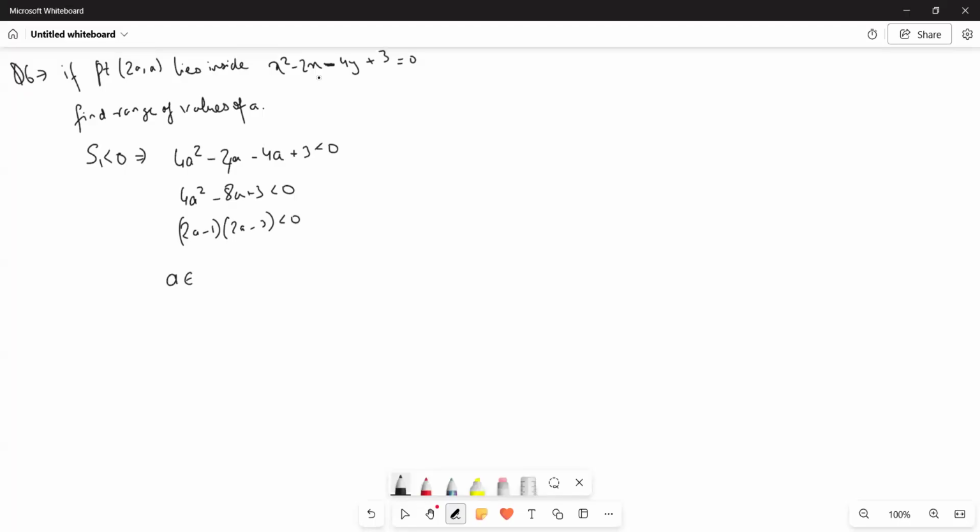So what will be the answer of this? Where does a lie? An upward opening parabola is negative only between the roots. So a has to lie between half and 3 by 2.